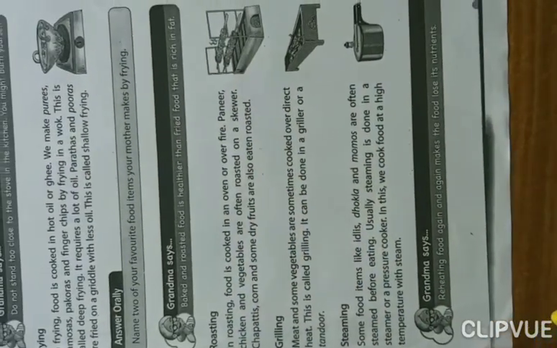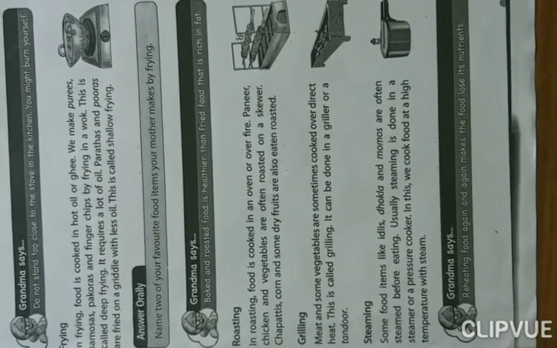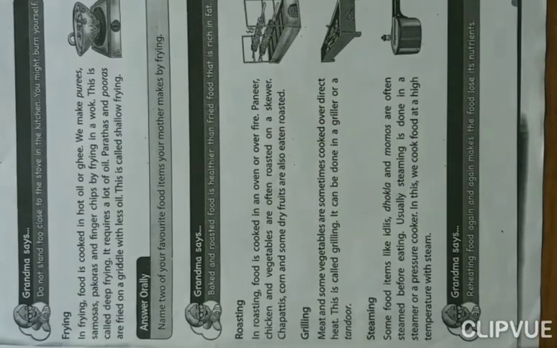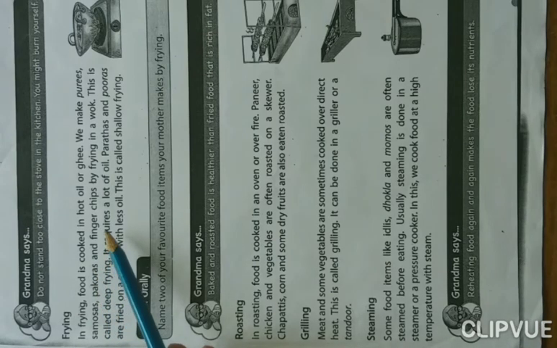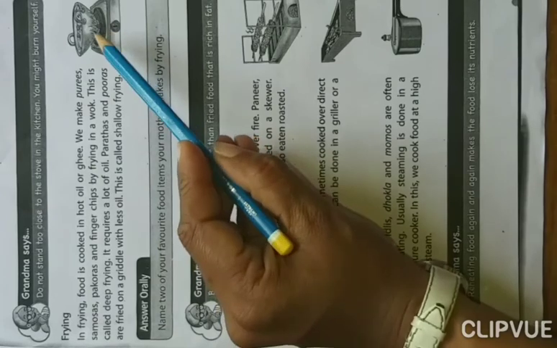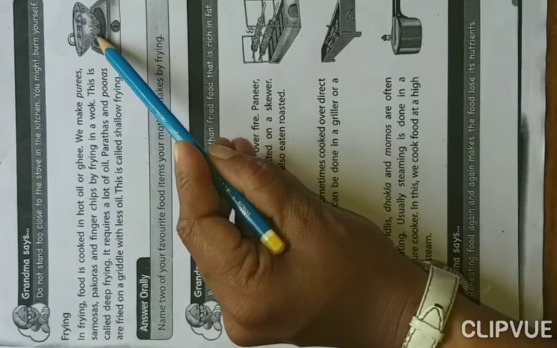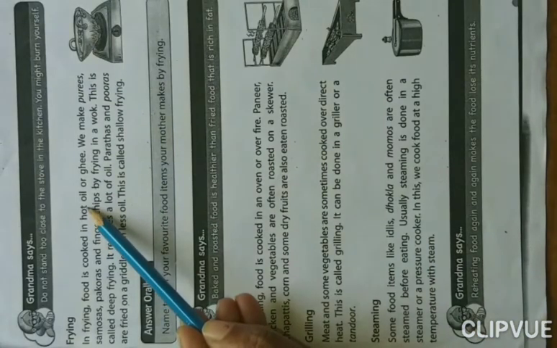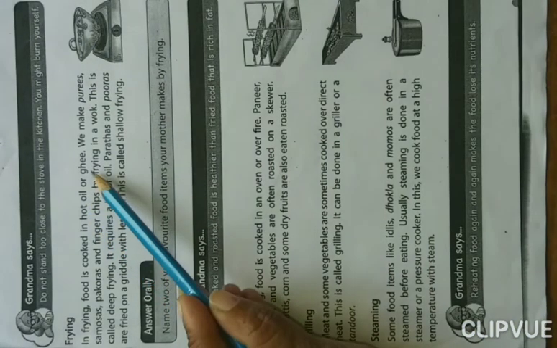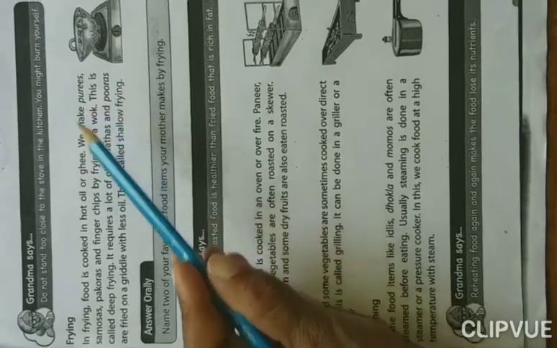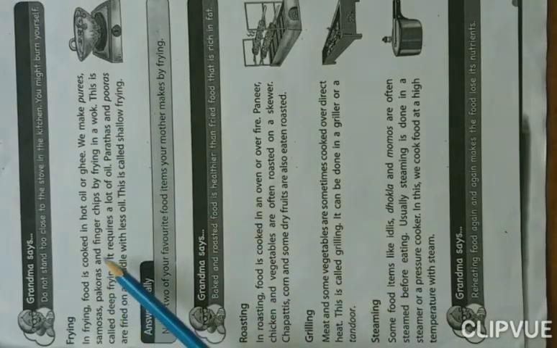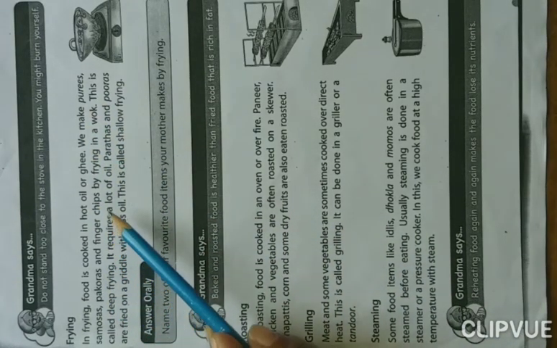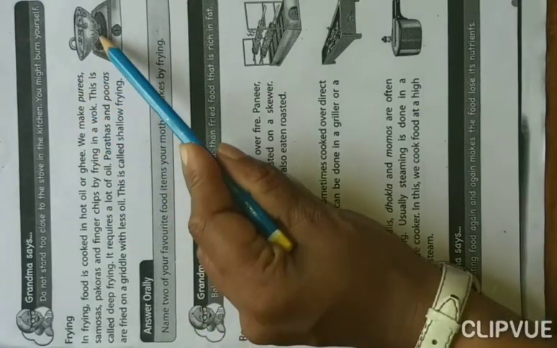Now let's see frying. You have observed that mummy makes puris, samosa, chips. So what is she doing? She is using the frying method. We use oil or ghee and make puris, samosa, pakoda and finger chips by frying in a wok.